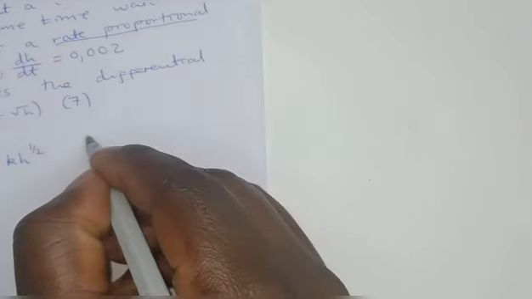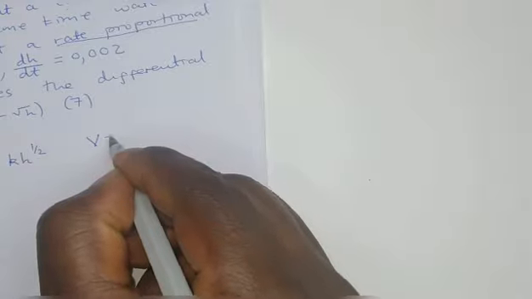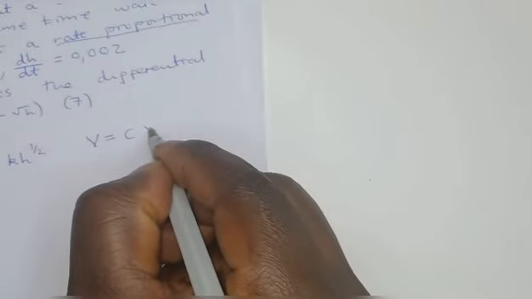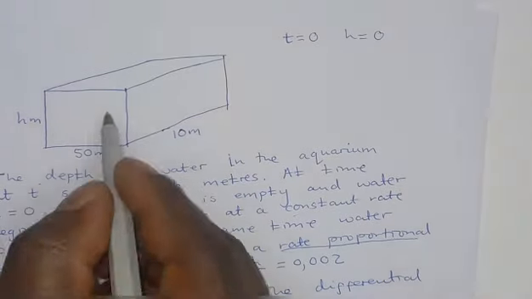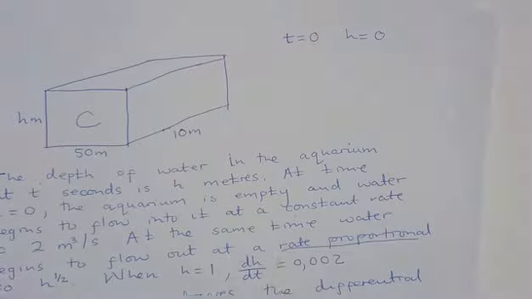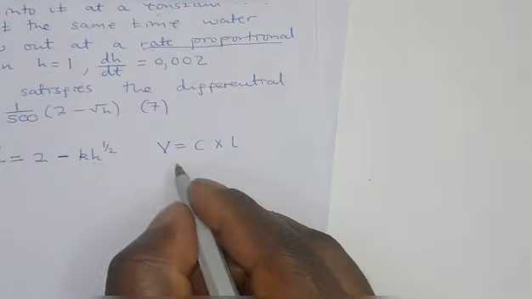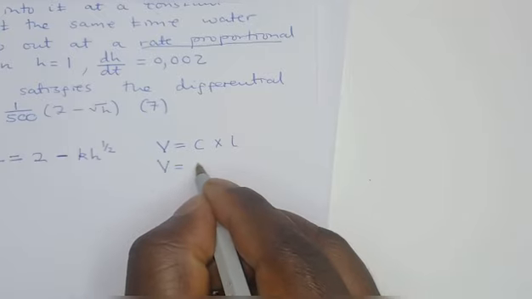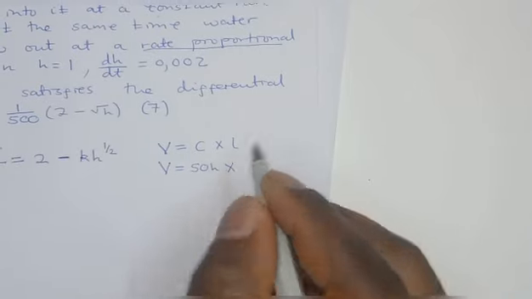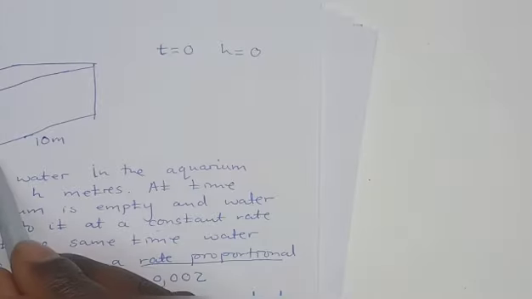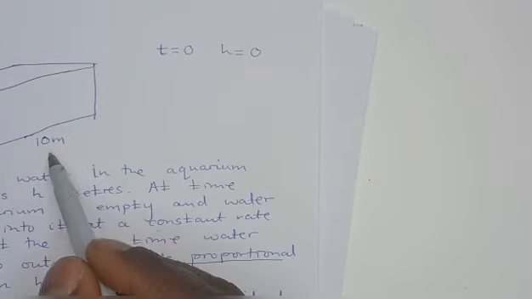Saka the other differential coefficient, kuti ibude, tinenge taakuti volume is equal to cross sectional area times the length of the prism, handiti. Saka cross sectional area ndoiri 50 times h, panobuda 50h. Then times 50h ne length kana kuti ne distance yekunobata another cross section kuseri, which is 10.